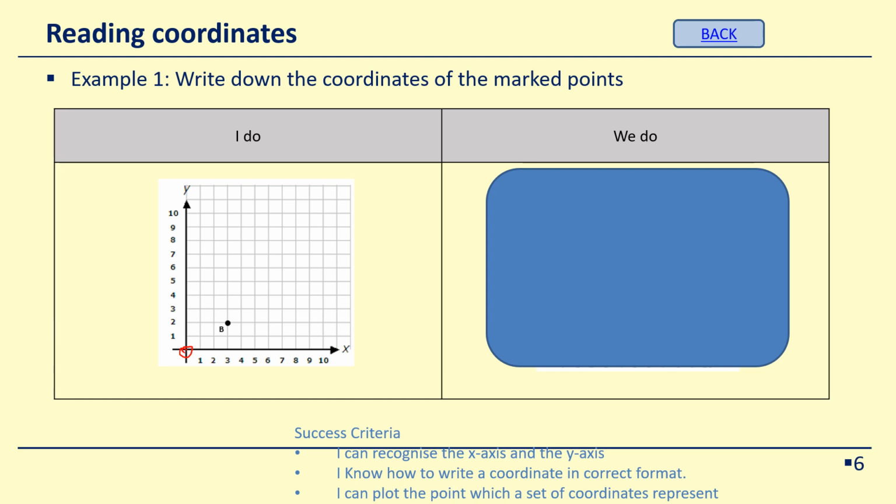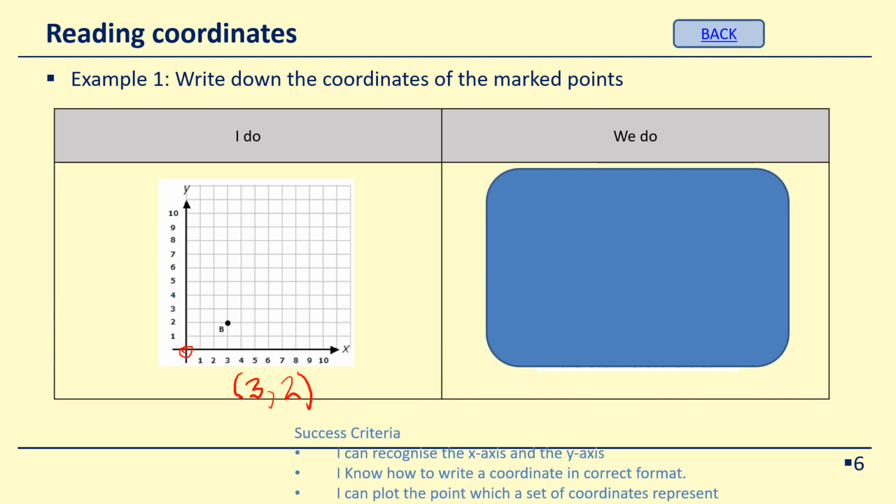Sometimes there's an O covering all 4, or sometimes there's a 0 just in the corner. So it's 3 across and 2 up. So I put it in brackets, 3, 2, and that is the coordinate of that point.